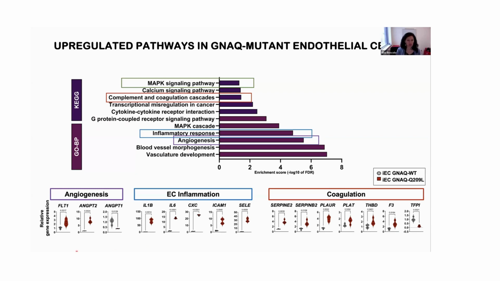On the bottom, you can see how we confirmed by qPCR also the upregulation, or a differential expression, of these important regulators. And here I want to spend some time talking about the coagulation, which was something we weren't counting on, but sort of made sense to us.